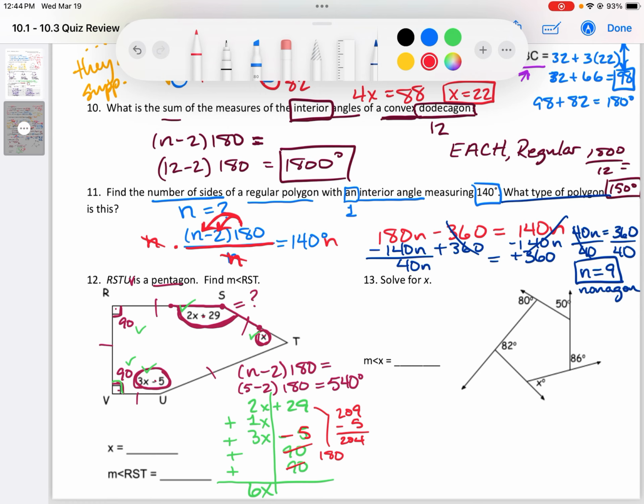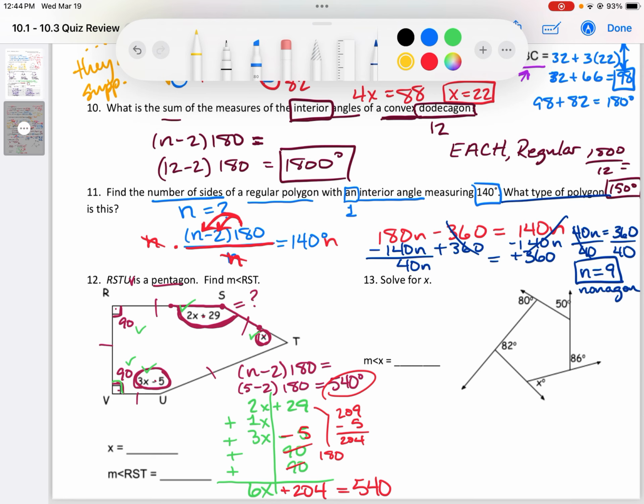And then I'm going to take away 5, and that's 204. So 6x plus 204 equals 540. And then once you have that written out, you can solve for x.